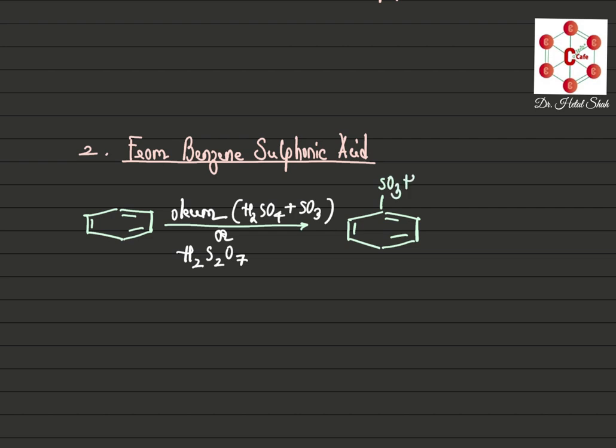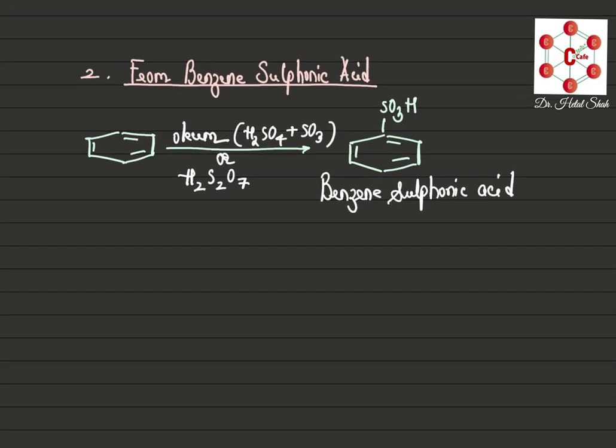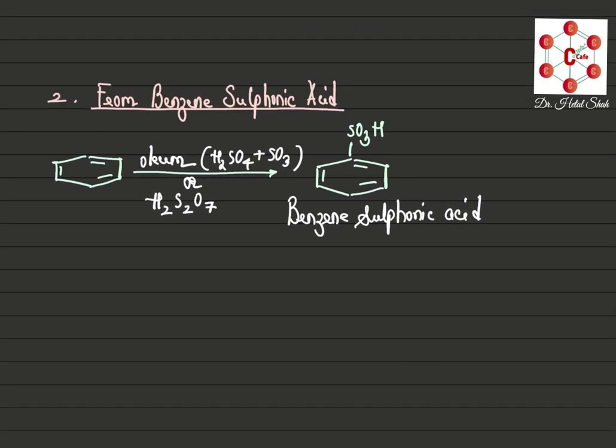And what you get here is called benzene sulfonic acid. This is your benzene sulfonic acid. This benzene sulfonic acid now undergoes a very typical reaction.